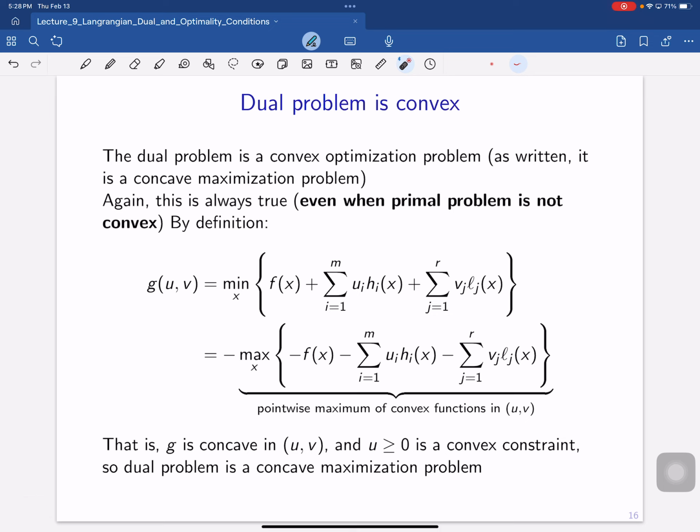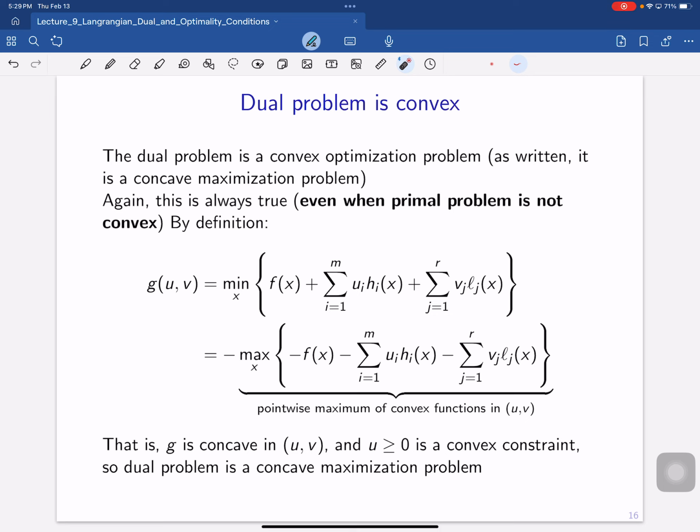Now this function is taking the maximum over x, right? Now, this function is a linear function over u and v, right? So you can think about this term as having a large number of linear functions over u and v, right?